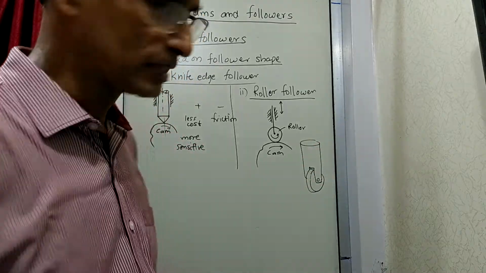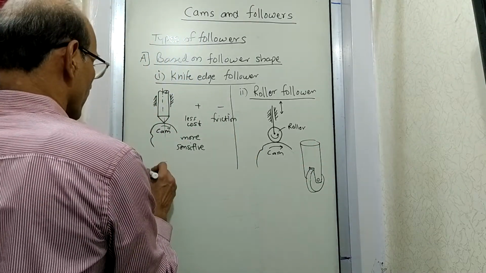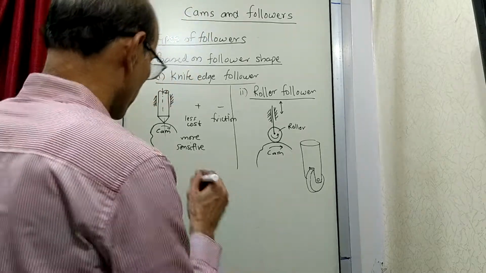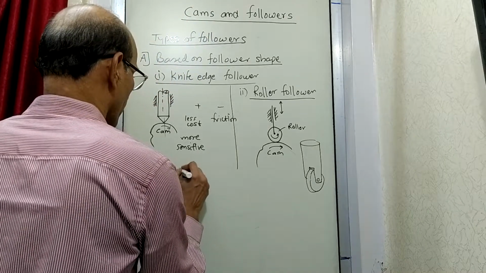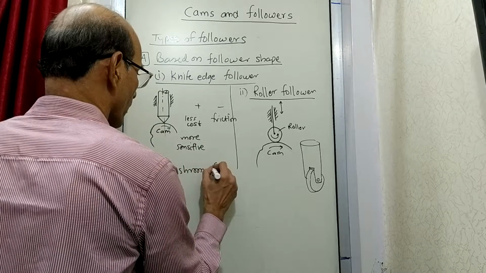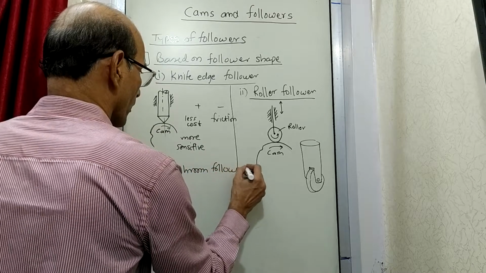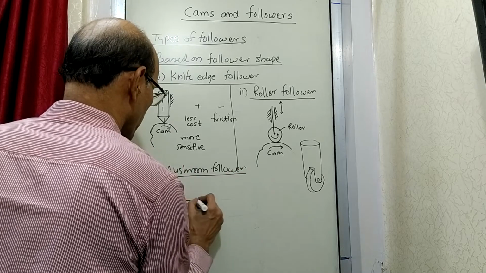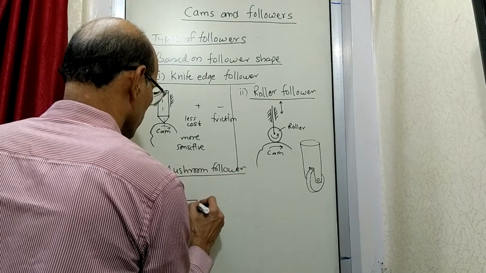Then after that we will see, say, the third type, that is the mushroom follower. Now mushroom follower has got a shape which is something like this.